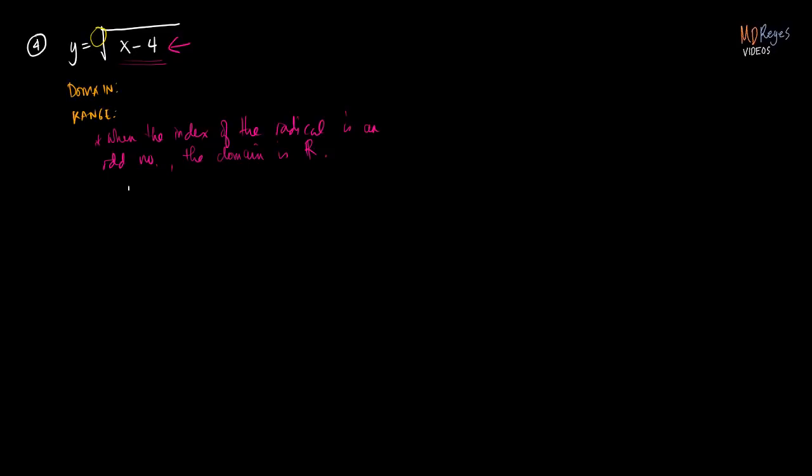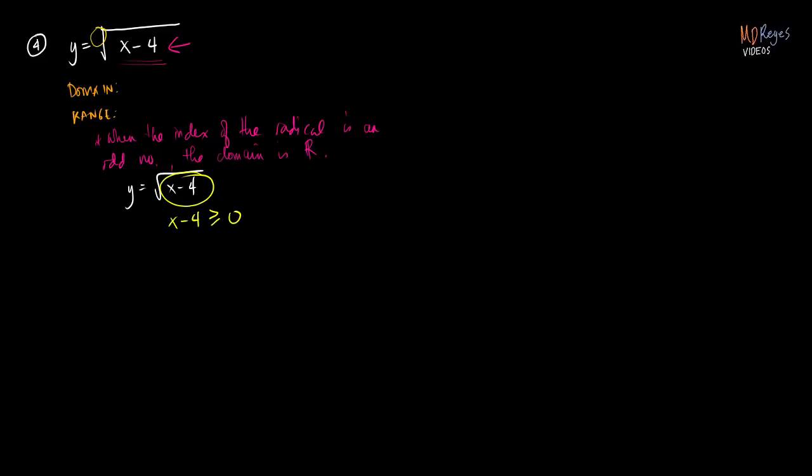So in the function y equals square root of x minus 4, the smallest possible value for x minus 4 must be 0. So x minus 4 must be greater than or equal to 0. This inequality will give you the correct answer for the domain.